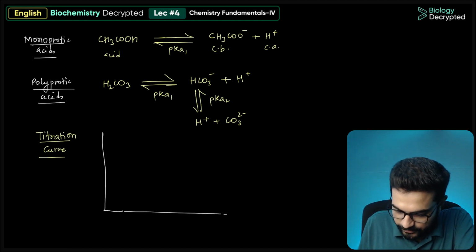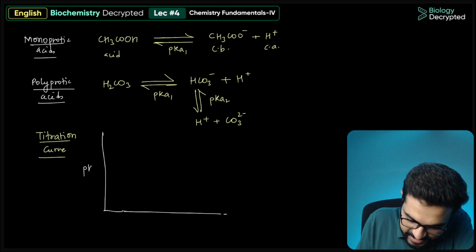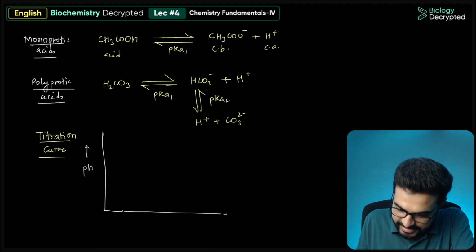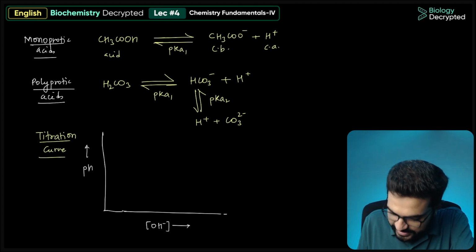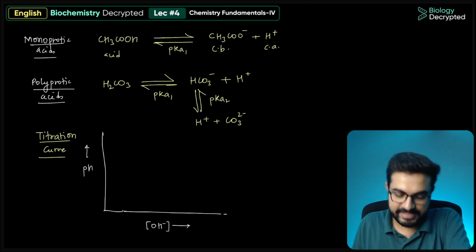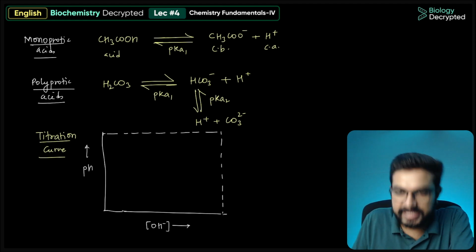Here we are plotting this curve. There is pH on the y-axis and OH minus ion equivalents on the x-axis. Now here you will be measuring the extent of titration.